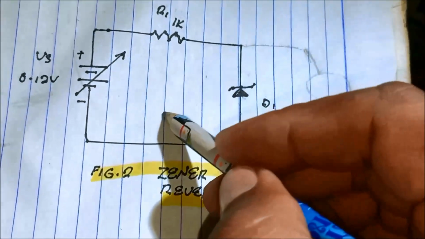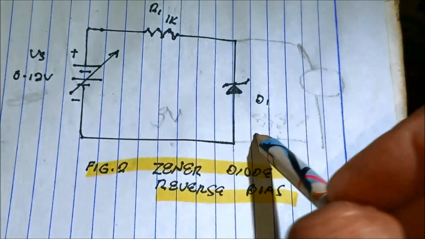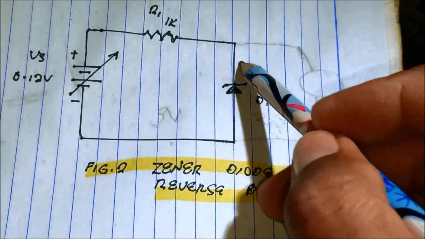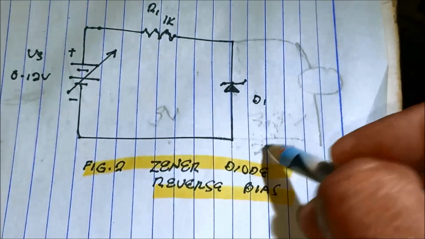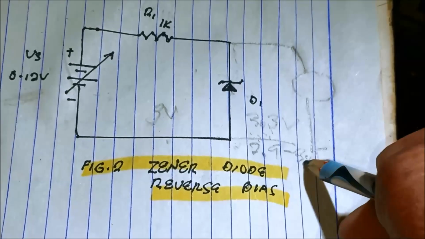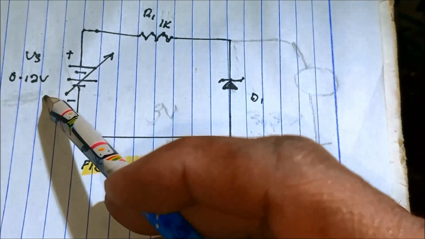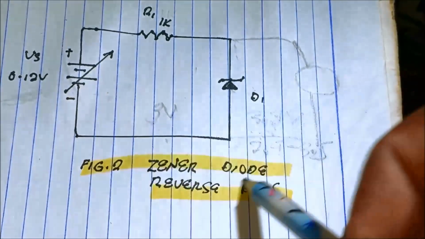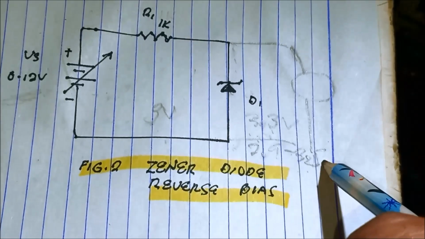At around 3 volts, if the supply is 3 volts, the diode keeps on regulating the voltage across it at around 2.9 up to 3.5 volts or 4 volts. If we keep on increasing the supply, it will regulate around 3 to 3.5 volts.